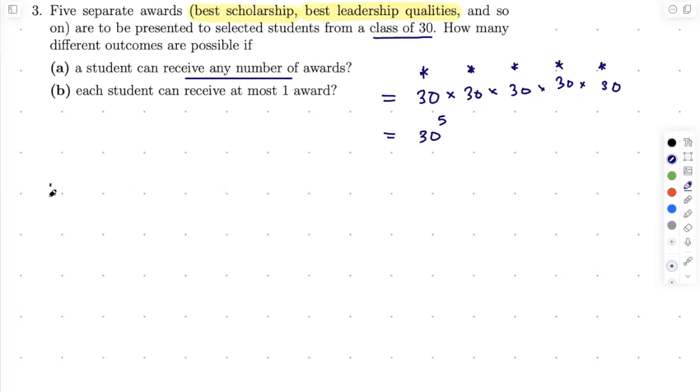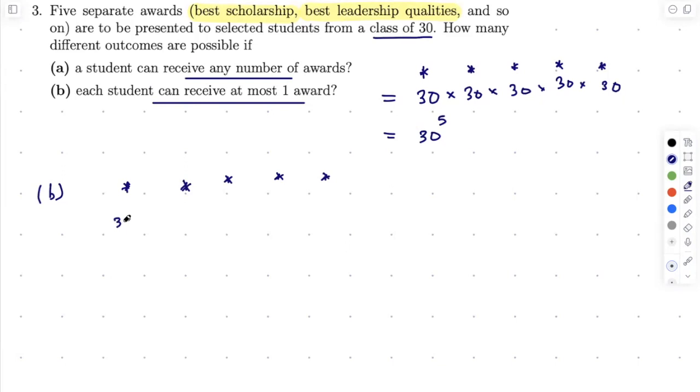Now for the B part. Each student can receive at most one award. So it is the situation like five awards having the positions 1, 2, 3, 4, 5. Now, if a student is at position 1, he cannot be at position 2 also. Certainly some other student will be there.